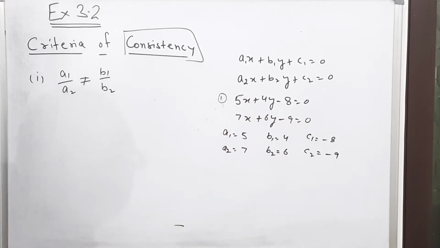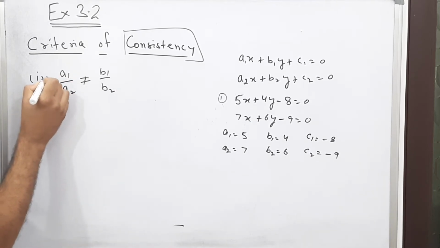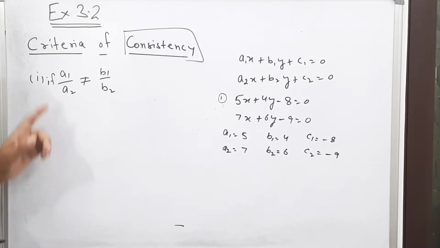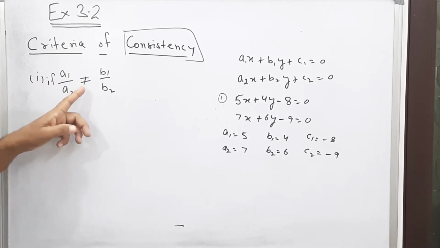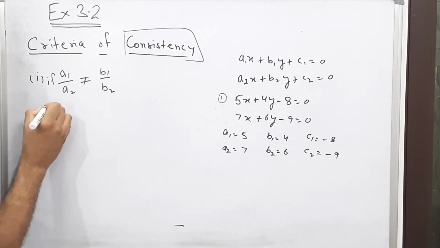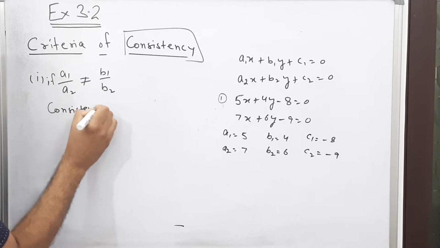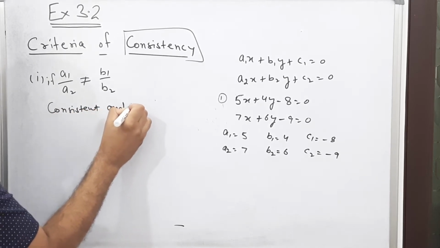Now the criteria: please look here. If a1 upon a2 is not equal to b1 upon b2, then it is consistent and has a unique solution.